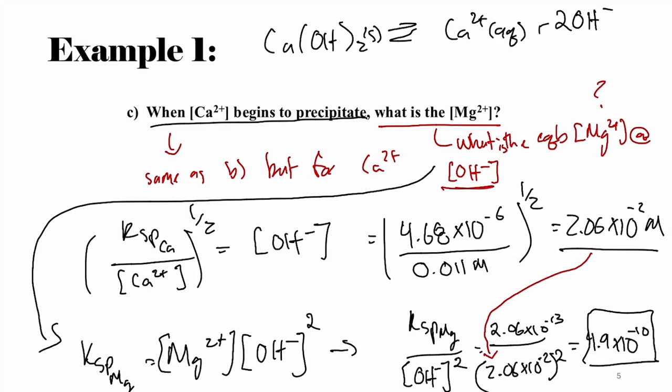All right, any questions on this? So this is asking the same question, it's just in a different way, right? It's saying when calcium starts to precipitate, that means at the point at which calcium starts to precipitate is when you reach equilibrium with the concentration of calcium you have in solution. We need to find out how much hydroxide we need to do that.